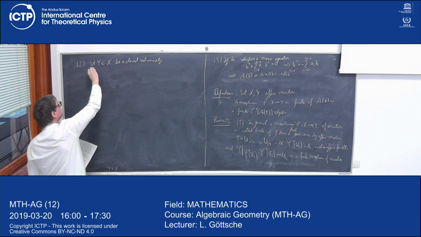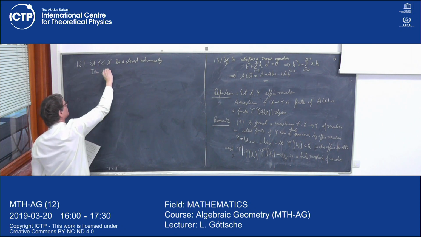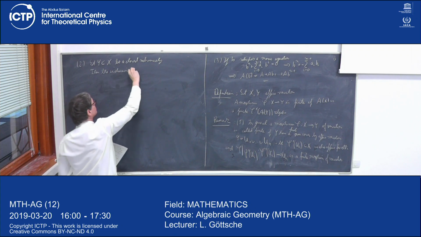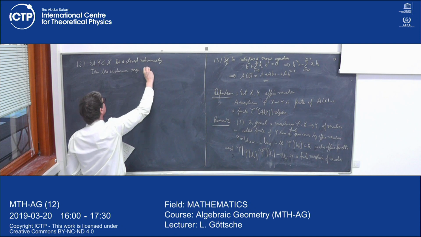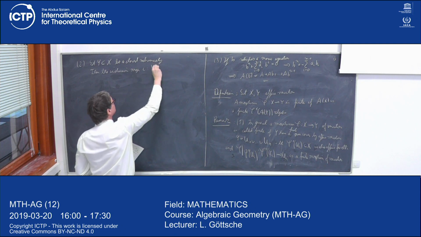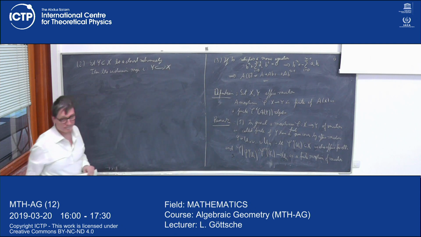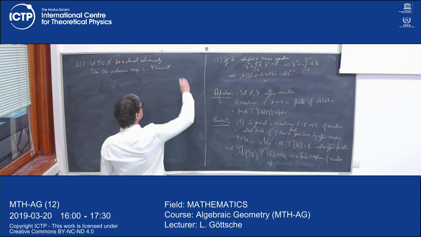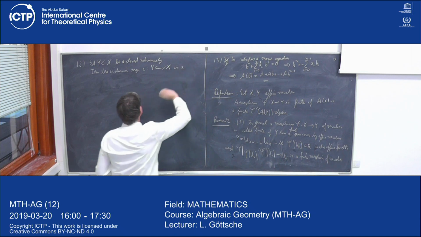Then the inclusion map I, which maps Y into X, so basically that's the identity on Y, the map from Y to X is a finite morphism.